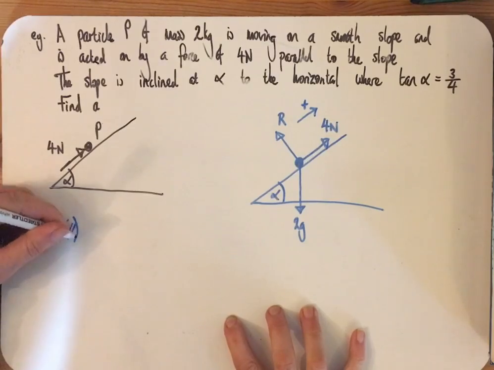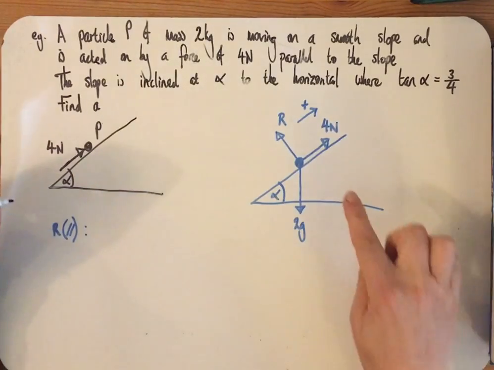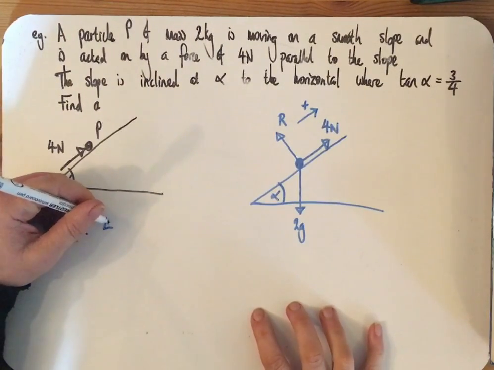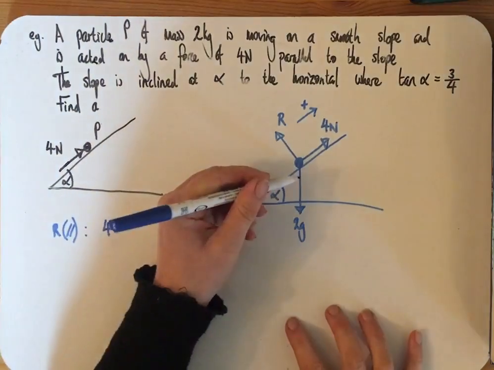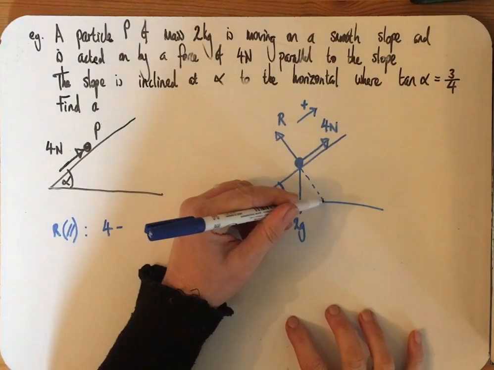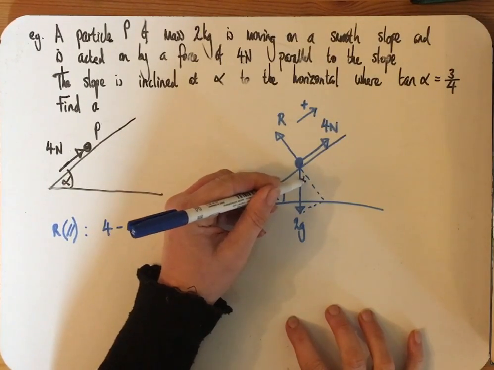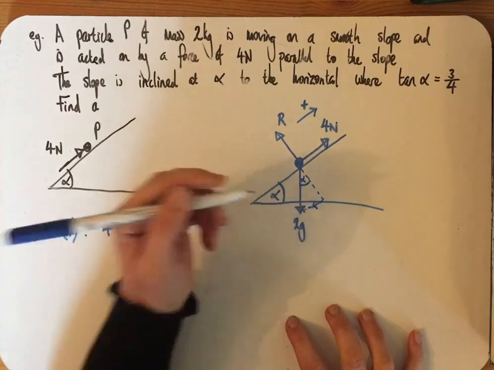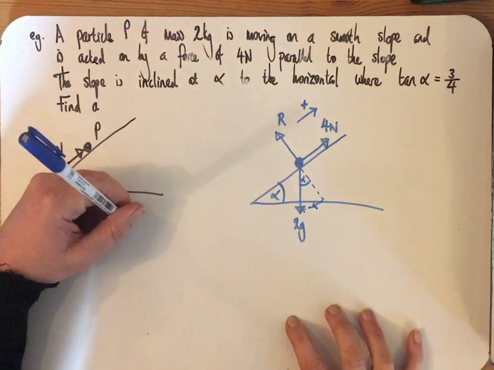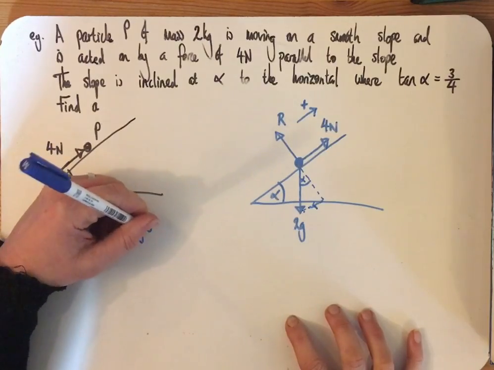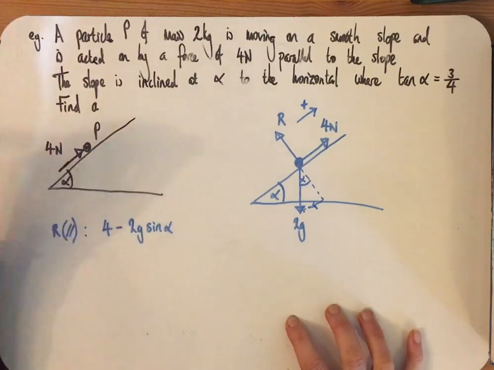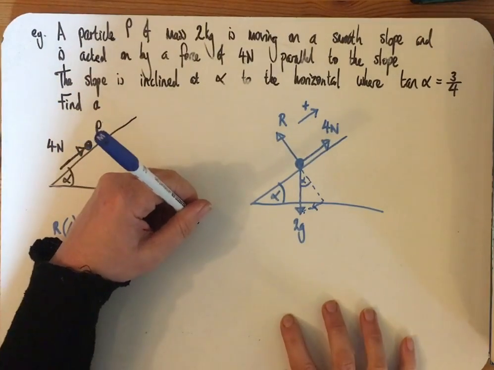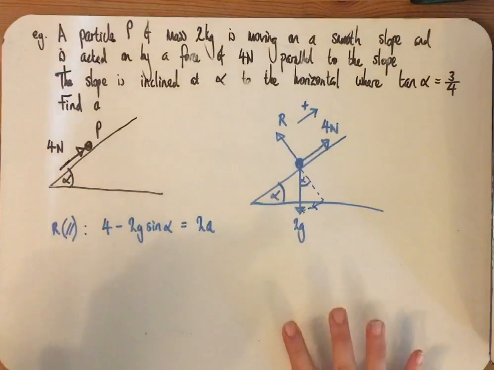So this is really similar now to the last question. So we've got 4 minus, and then here I've got alpha, and I want this component here. So it's 4 minus 2g sine alpha is equal to the mass times the acceleration.